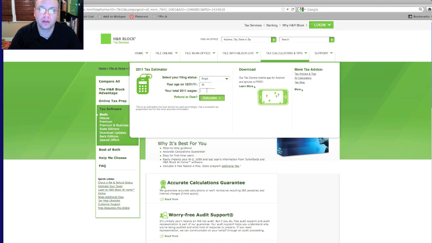You can figure out there's 52 weeks in a year. If you've been paid 14 weeks of the year, subtract that from 52 and do the calculation of the estimate of your earnings for the rest of the year when you put it in here. So let's say you come up with $30,000 for the year.